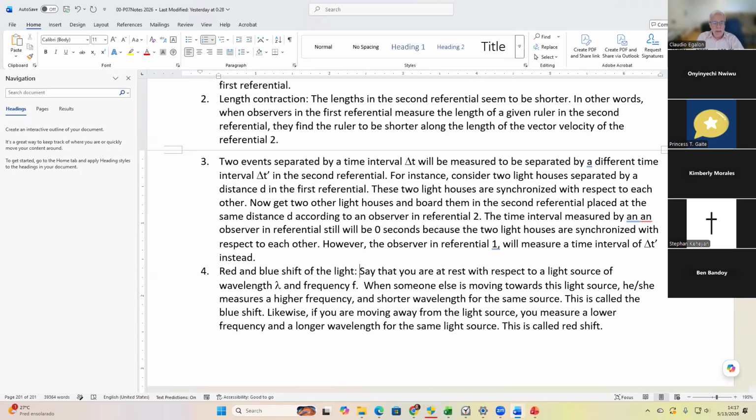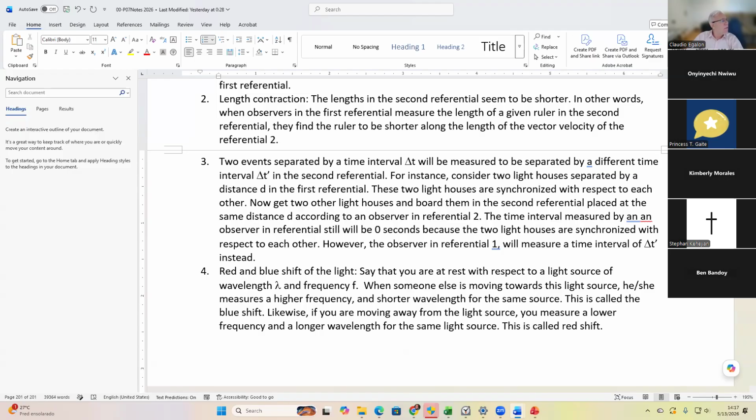He discovered that the wavelengths of galaxies that are very far away were shifted towards lower frequency, or longer wavelengths. Lower frequency, longer wavelengths.